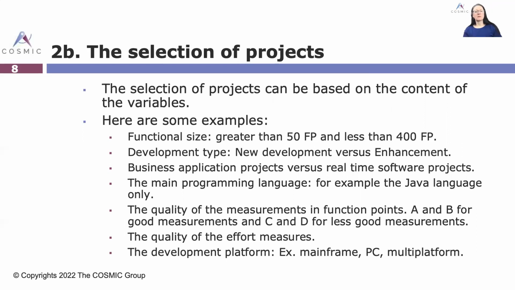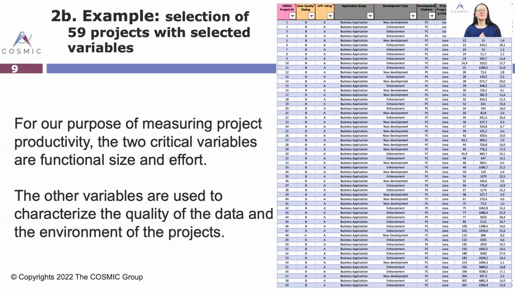So we've applied these values on our own project database, and we obtained a selection of 59 projects that are shown in the table right here. For our purpose of measuring the project productivity, there are two critical variables: functional size, which is the column here, and the effort, which is this other column with the blue header.